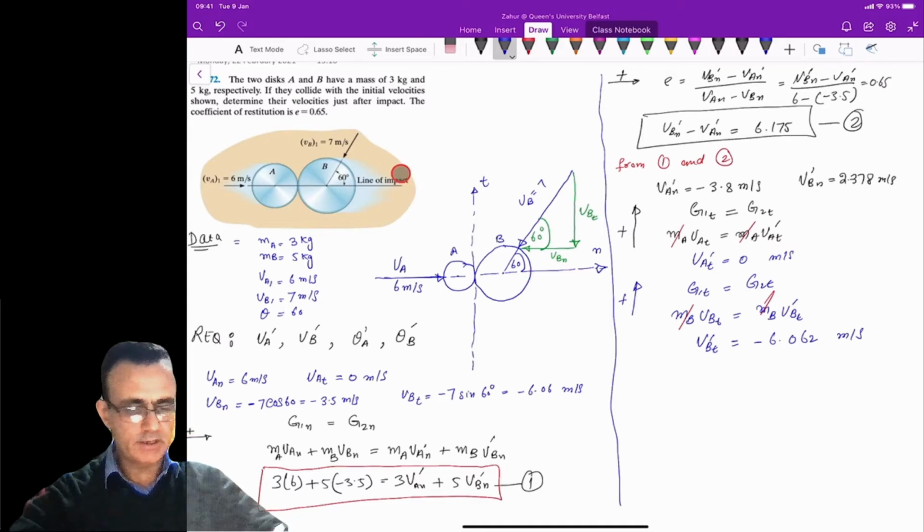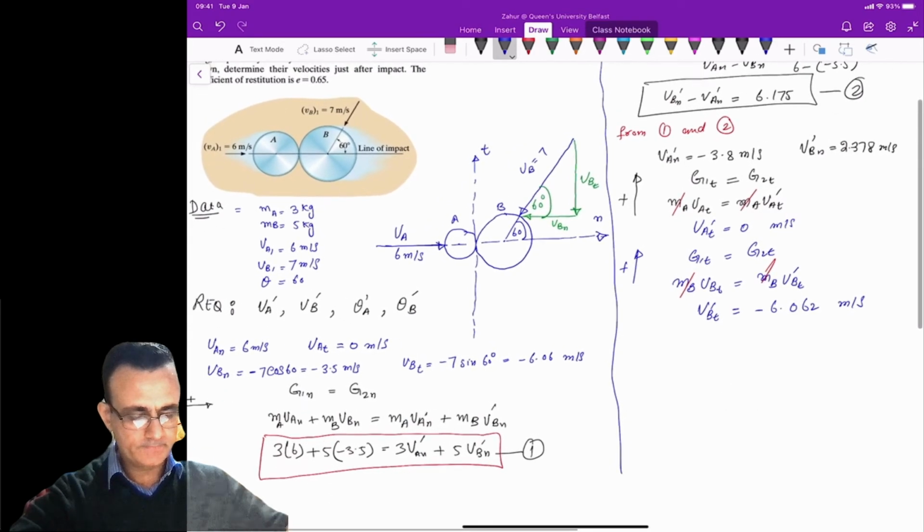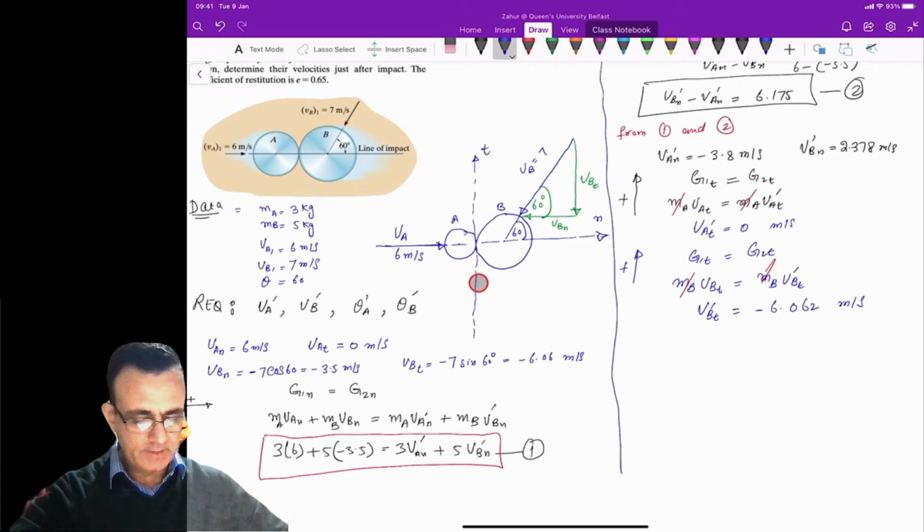Now we can calculate the final velocities here. In the case of particle A, as you can see, we have two components.